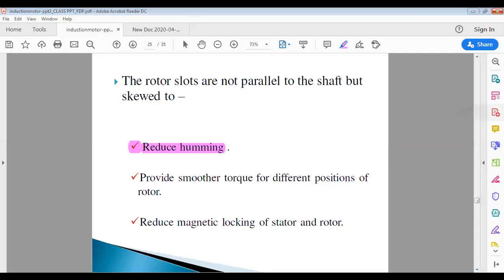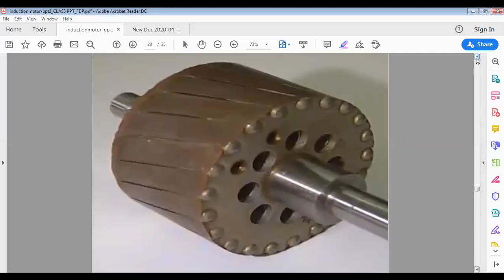But if you observe this squirrel cage rotor, once it gets designed, its resistance remains constant. Okay, the complete circuit is shorted, made up of copper. From both the sides, end rings are there. Resistance is very less. But once you design a three-phase squirrel cage induction motor, its rotor resistance remains constant.